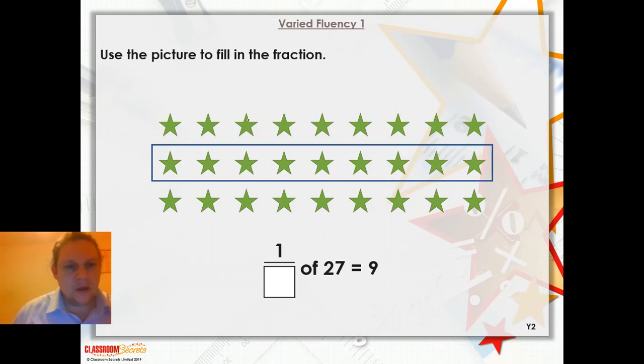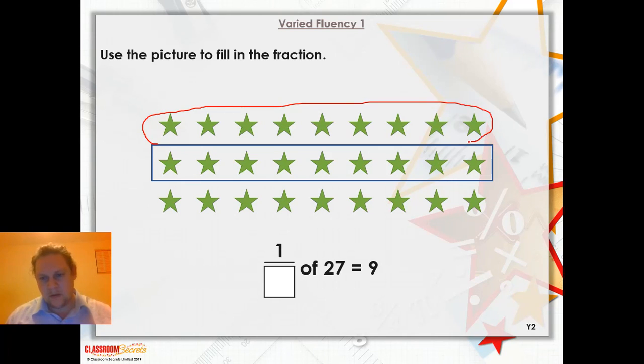Next one. Use these pictures to fill in the fraction. All right. We've got 27 stars altogether. We've got what they've divided into how many groups? Well, they've got one group here that they're showing us. Okay. There's another group here and another group there. What are we dealing with then? We are dealing with thirds.